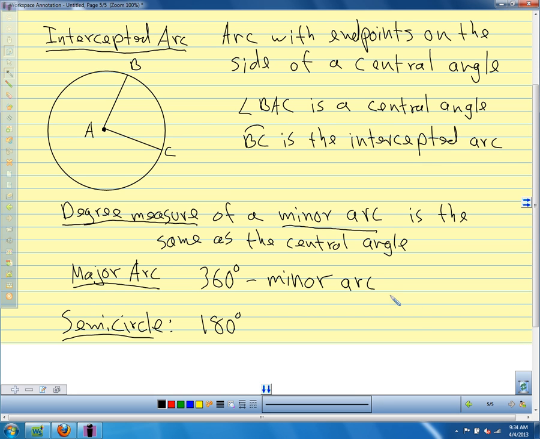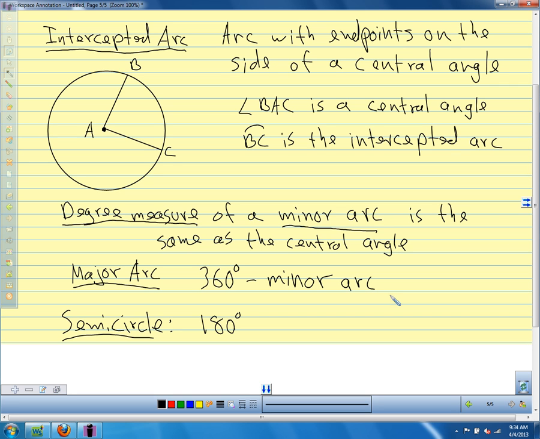If we divide a circle into a whole bunch of different arcs, if we go all the way around the circle, what do all the arcs have to add up to? 360. All the arcs all the way around the circle have to add up to 360 degrees. No matter how we chop it up, all the arcs have to add up to 360. In a semicircle, if we chop it up in a bunch of pieces, all the arcs have to add up to 180 degrees.